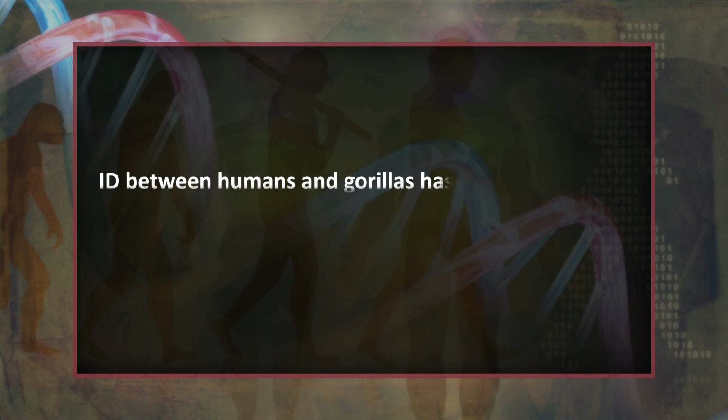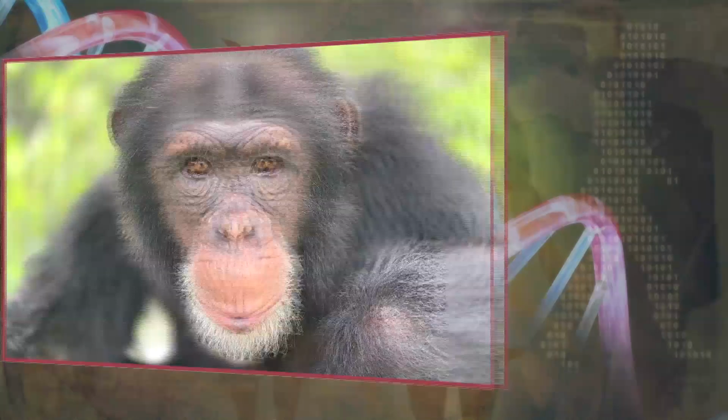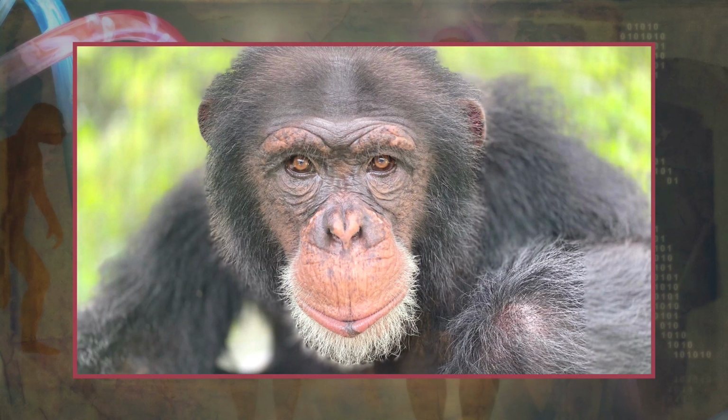The immunological distance (ID) between humans and gorillas has been determined to be 1.09, and that between humans and chimpanzees was determined as 1.14. However, the distance to 6 different old world monkeys is estimated on average at 2.46, indicating that the African apes are more closely related to humans than to monkeys.